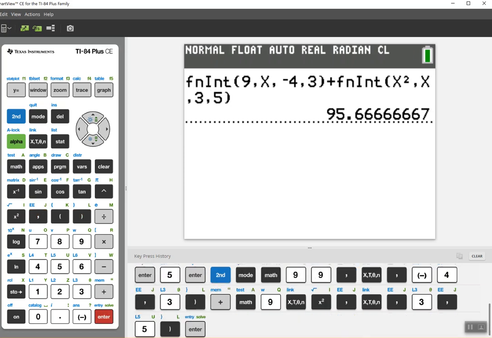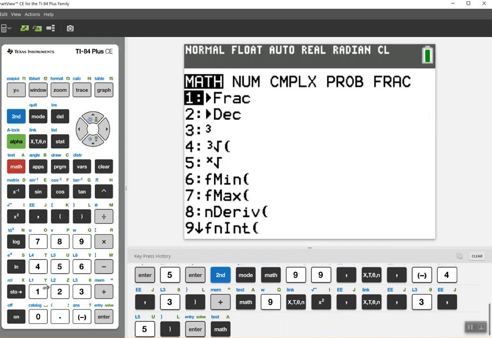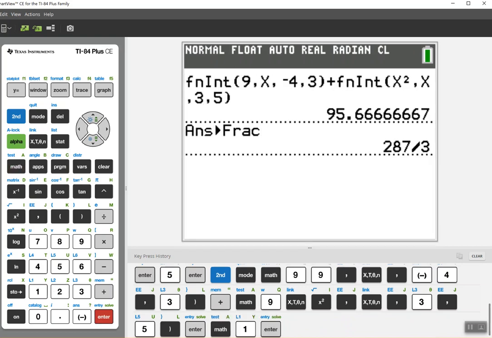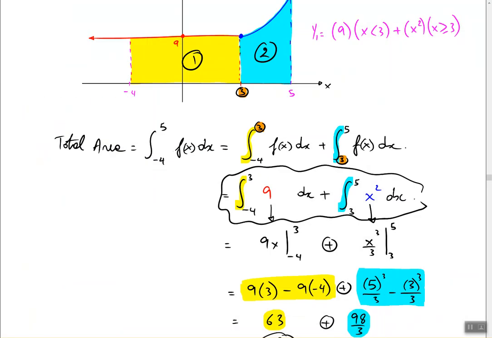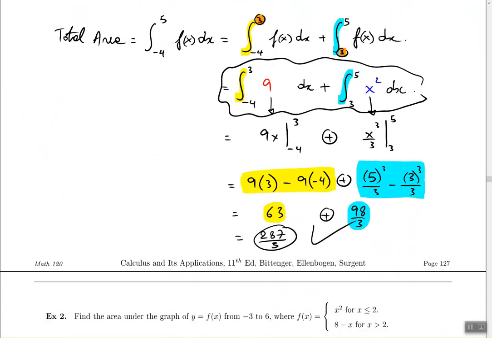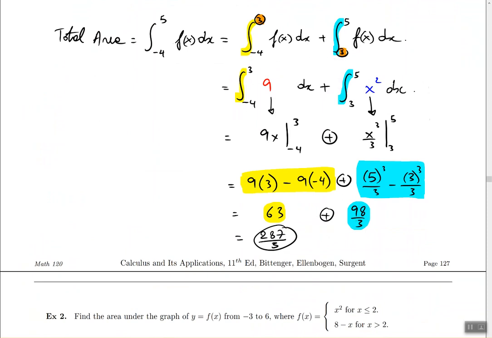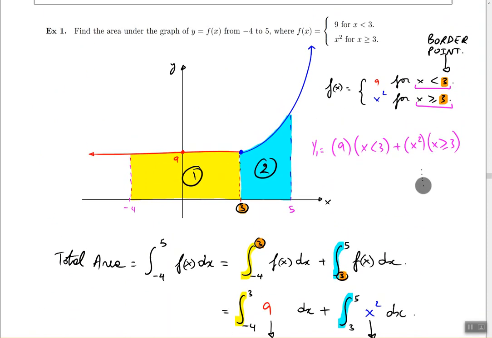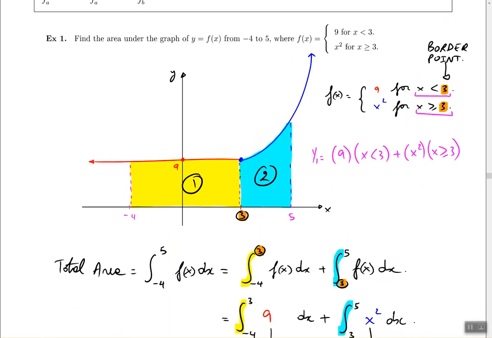And then if you click enter, you get the 95.66 that we saw on the other screen. Or if you click math 1, there it is, 287 divided by 3, which is what we predicted over here. So it works out. You've got two different options to plug the problem into the calculator. Either one works. Just figure out which one you like and do that one.